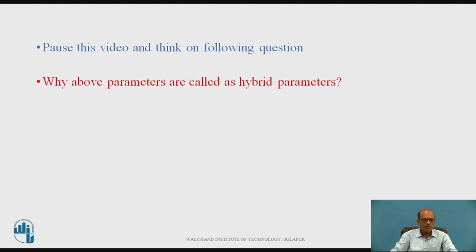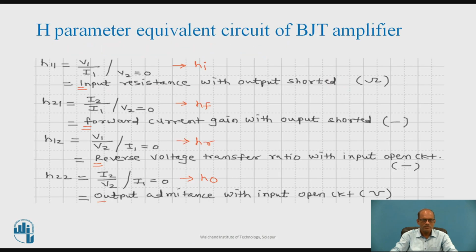Now pause this video and think on this question, why above parameters are called as hybrid parameters. Now if we look at the hybrid parameters, H11 is the input resistance with output shorted, so unit of H11 is ohm, unit of H21 is no unit, H12 no unit, and H22 the unit is reciprocal of ohm, that is mhos.